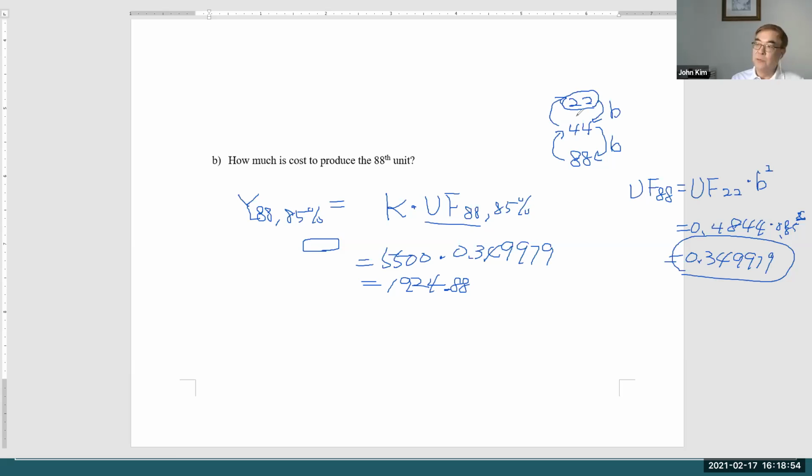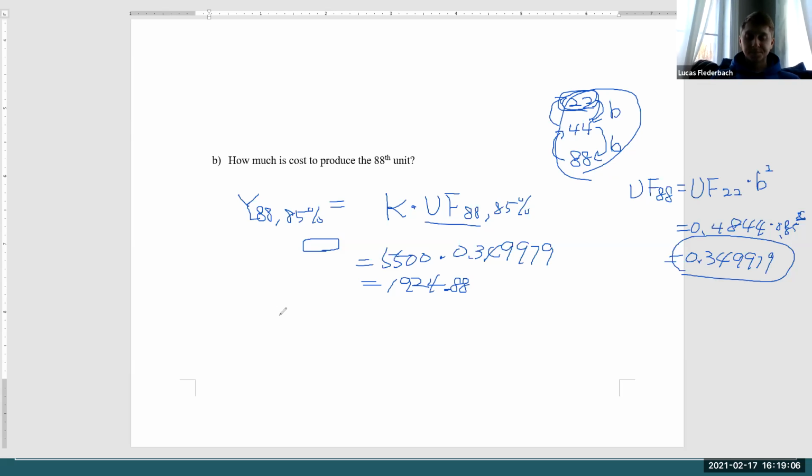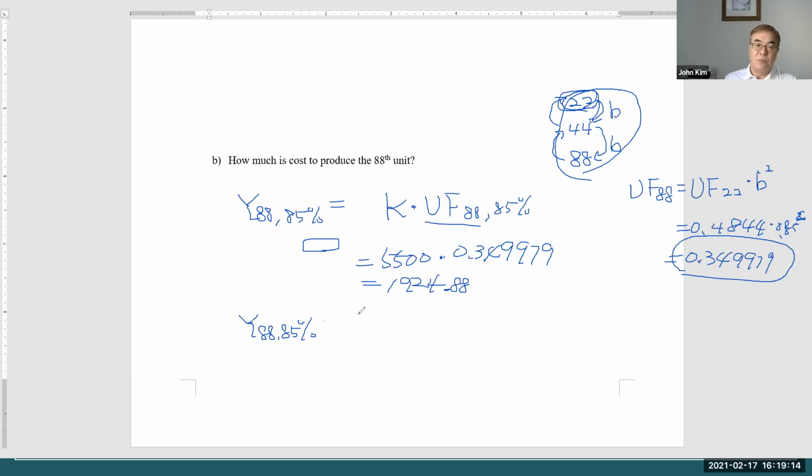So if we use the charts, find half of that one, 22, and then multiply by B, using the arithmetic learning curve concept, or you can use the logarithmic learning curve formula: K times X to the log B divided by log 2, equals K is 5,500, X is 88, the unit number, log 0.85 divided by log 2.